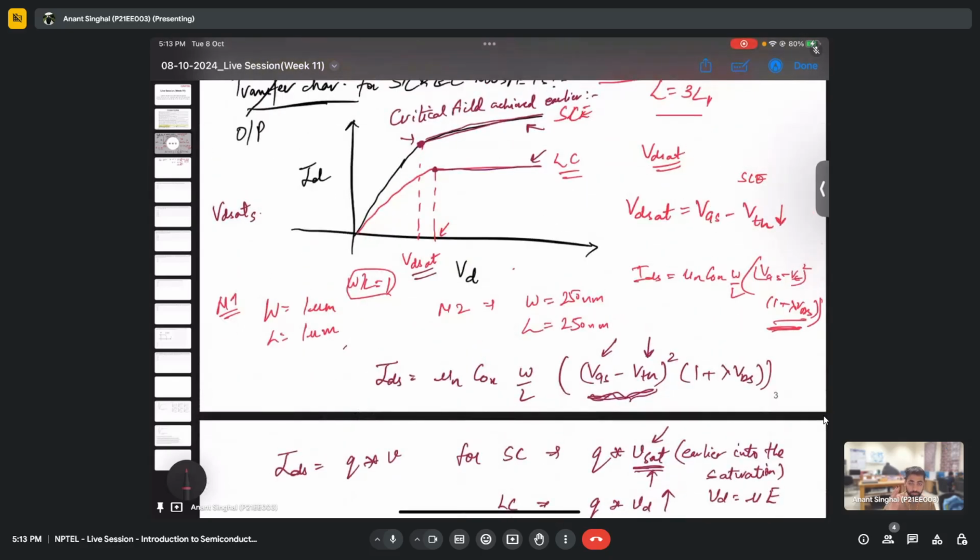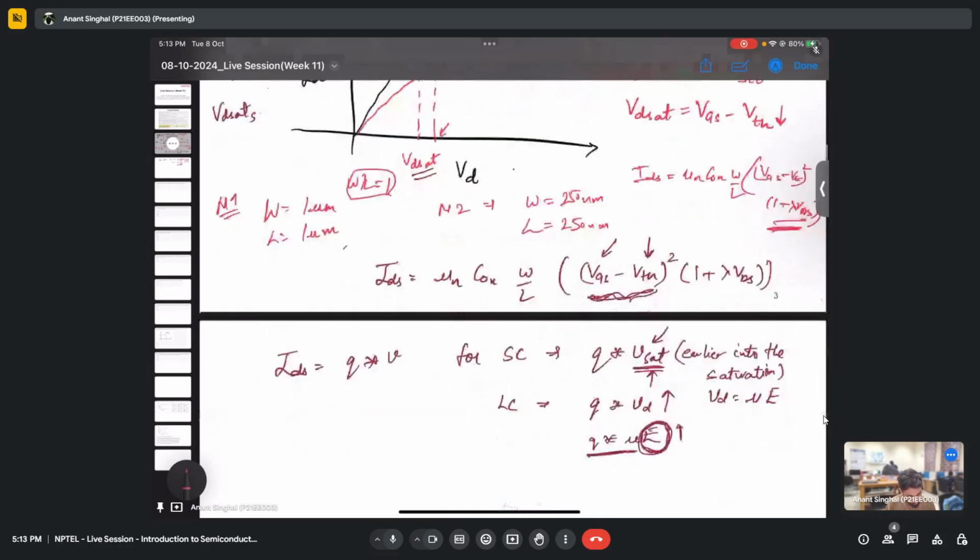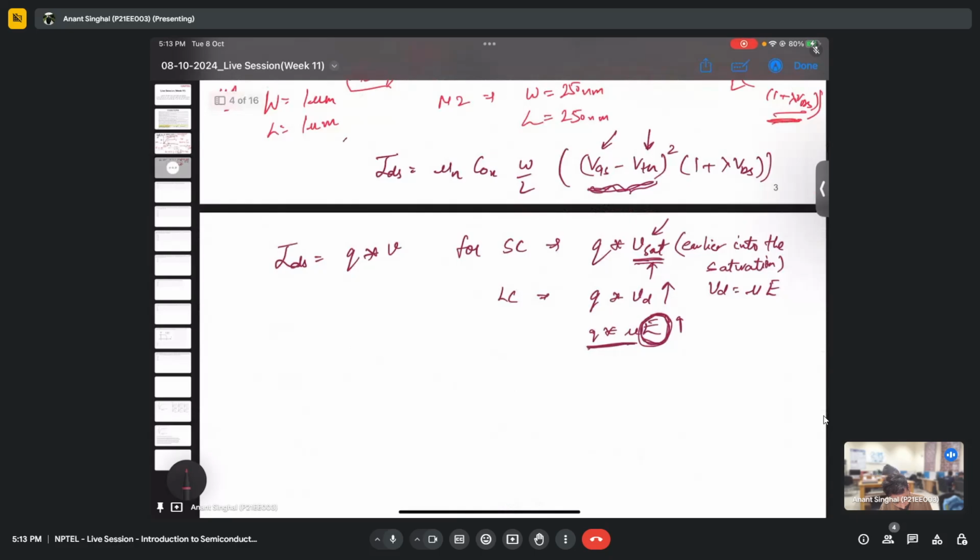So why doesn't the long channel MOSFET have channel length modulation? That is a fine question. Let's say this is a long channel MOSFET, and let's say this is a short channel MOSFET.